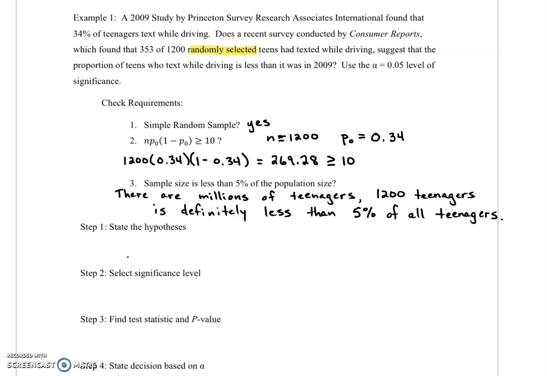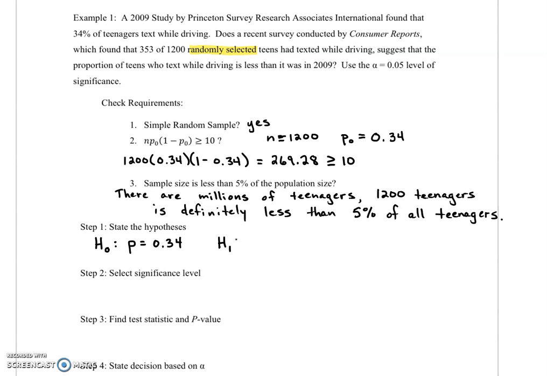So now we can state our hypotheses. The first hypothesis, our null, H null, is that the proportion equals 34% or 0.34.